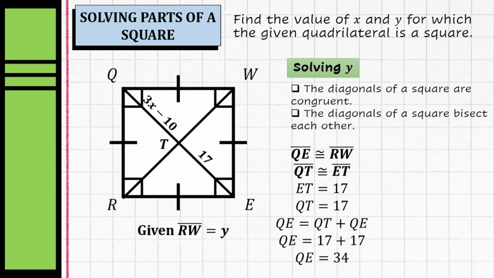Now take note that we have equal diagonals. Therefore, we can also say that segment QE is congruent to segment RW. And let's substitute the value of QE and RW. We will have 34 is equal to y, and the value of y will be equal to 34.